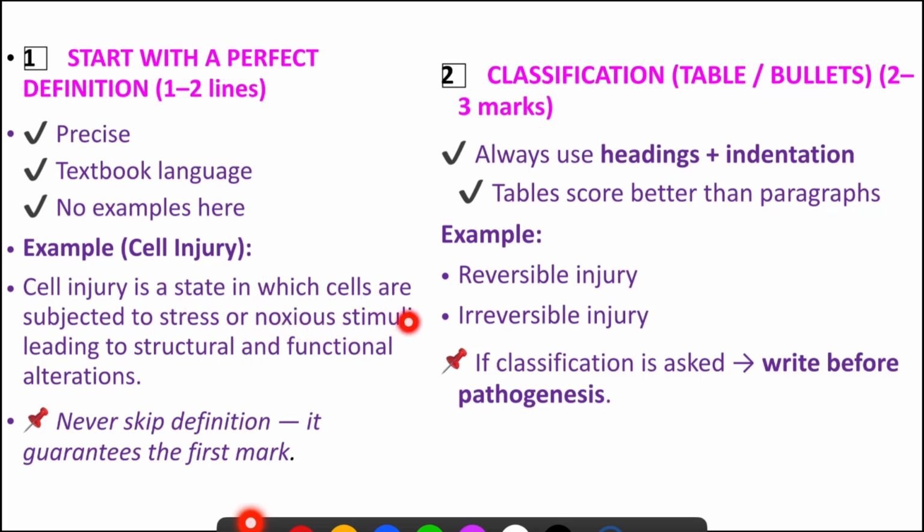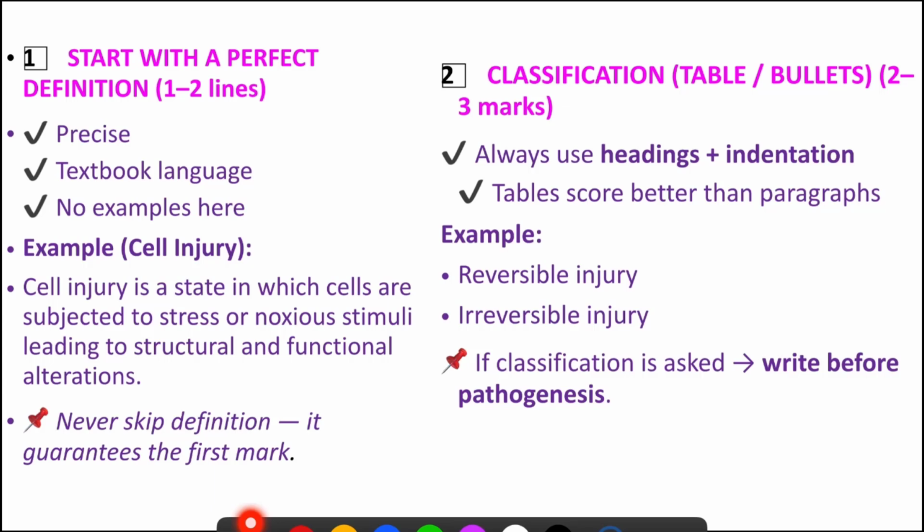So these are some important words which should be in your theory exam. Some highlighting points must be there in your definition, so that the examiner knows that you know the definition well and you know the topic thoroughly. So never skip definition, it guarantees the first mark.